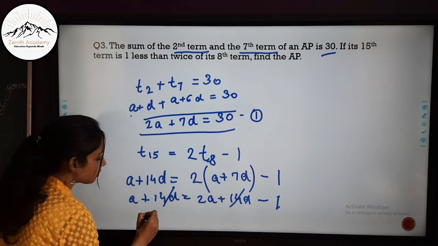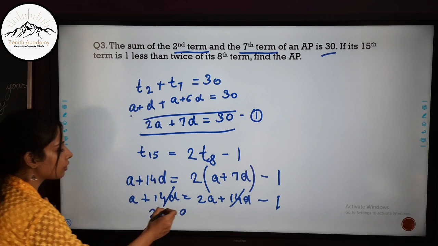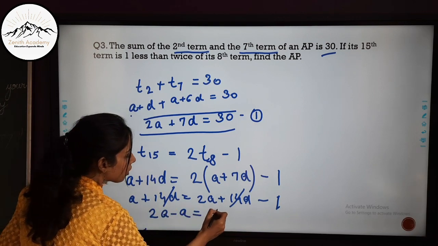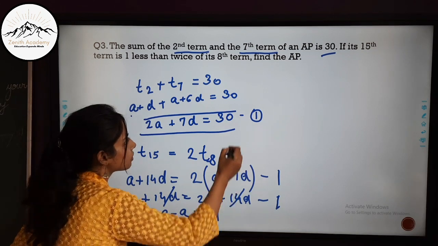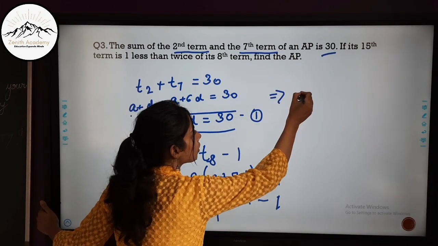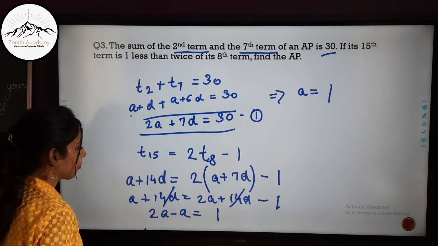Now shifting A to the other side, we'll get 2A minus A and 1 on this side. We'll get 2A minus A is equal to 1. So this will give us A is equal to 1.